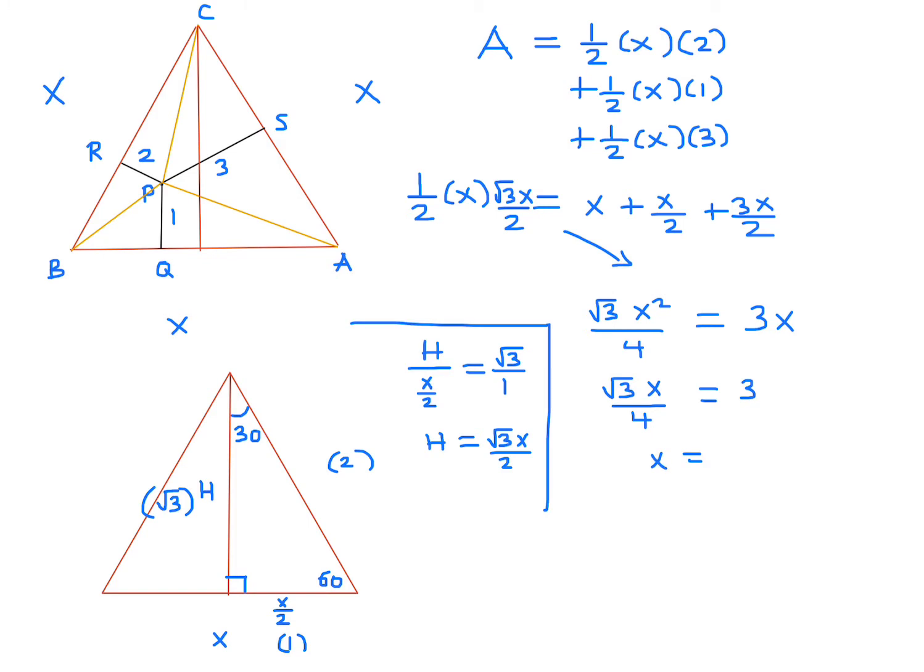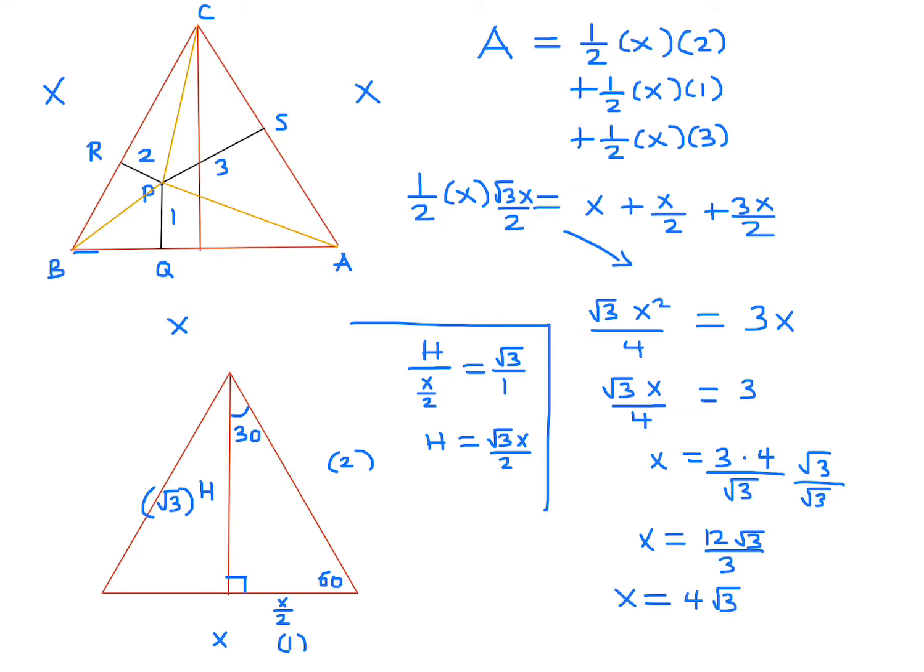And therefore, x is equal to 3 times 4 all over root 3. And if you rationalize the denominator, which is they most likely want you to do, this is going to be 12 root 3 over 3, which is just 4 root 3.